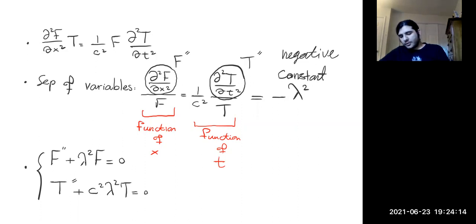So the equation for f is similar to what we had before. The equation for T is new. It's not similar to the equation for T which we had before. So we have these two equations. What about boundary value conditions?